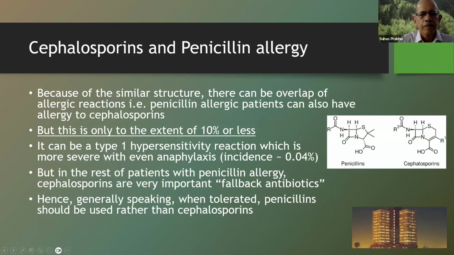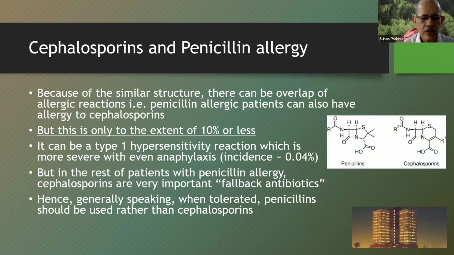Okay, so we know that some people are allergic to penicillin. And because there is a similar structure between penicillin and cephalosporin, patients who are allergic to penicillin can have allergy to cephalosporin, but this overlap is only to the extent of about 10%. The majority are mild types of allergy.